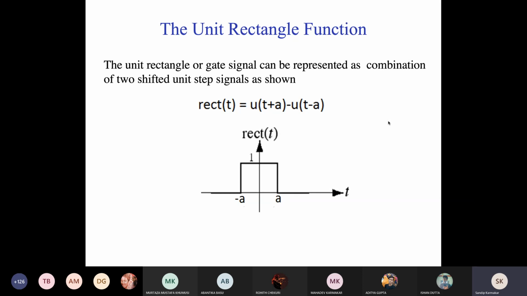So the unit rectangle function can be represented as u(t plus a) minus u(t minus a). So shifts of minus a and plus a are given there, and their subtraction is taken as the unit rectangle.